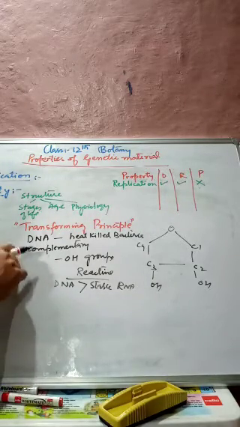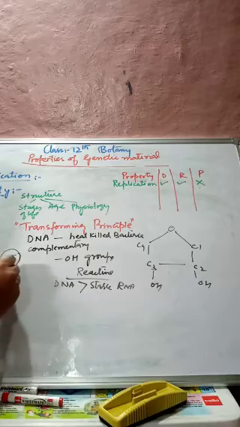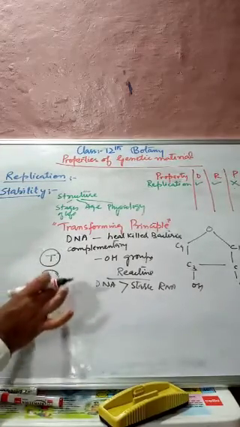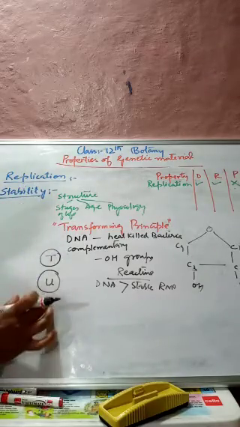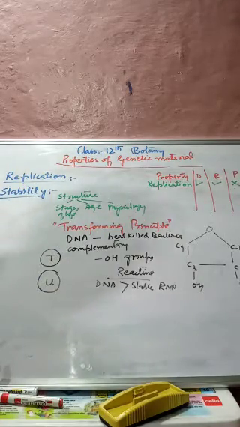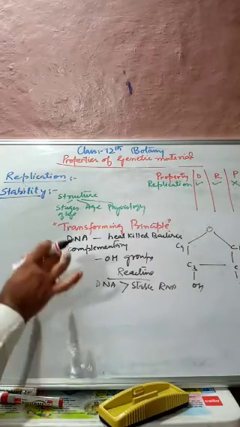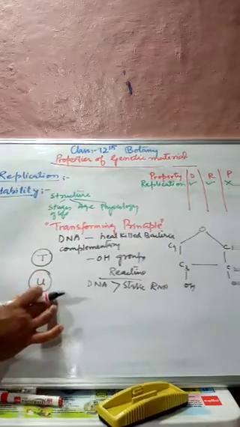This presence of thymine in DNA instead of uracil is also one of the reasons which leads to the stability of DNA.